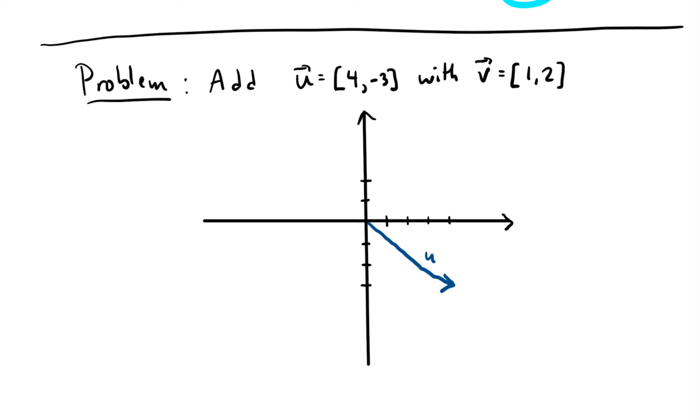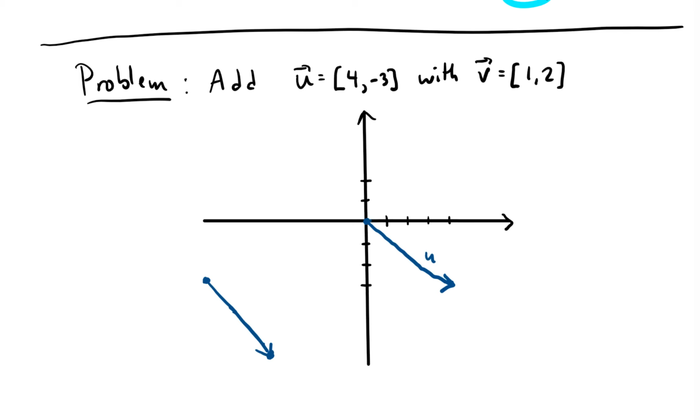But just to be clear, it doesn't mean that this is where u is in the plane. u could be anywhere in the plane, it could actually be here. But of course, here it would have a different head, because it still wouldn't be at the origin. But when we write down u equals 4, minus 3, if we want to draw it so that it ends at 4, minus 3, it must start at the origin.